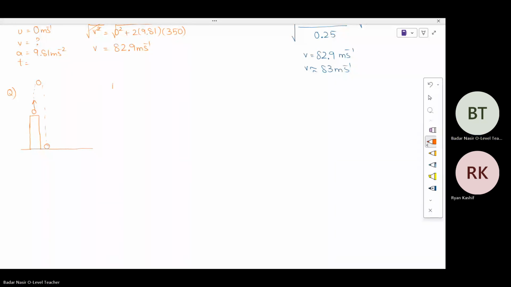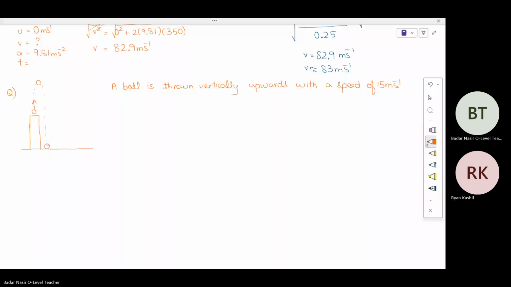So a ball is thrown. These are the kinds of questions that come in past paper questions. A ball is thrown vertically upwards with a speed of 15 meters per second.